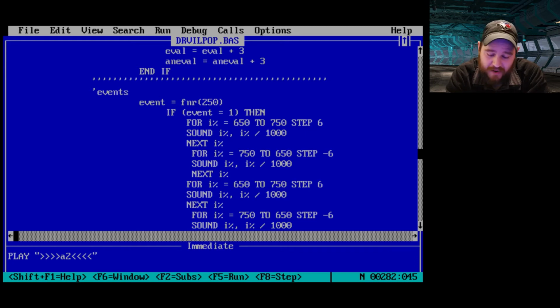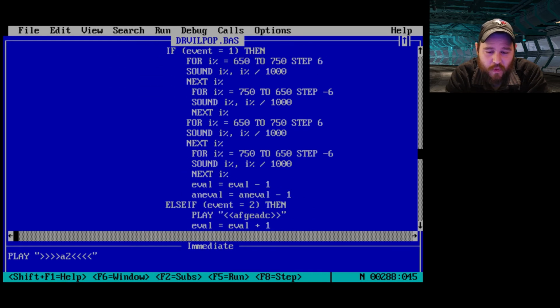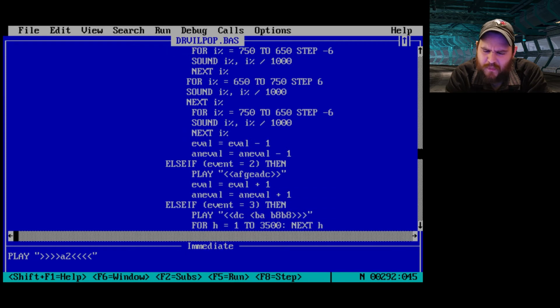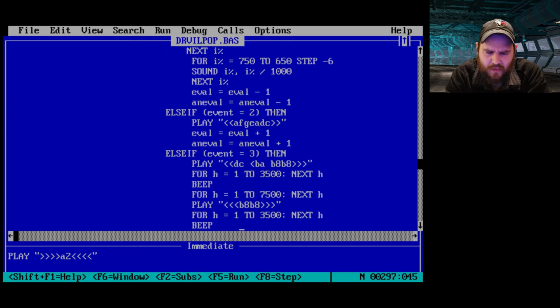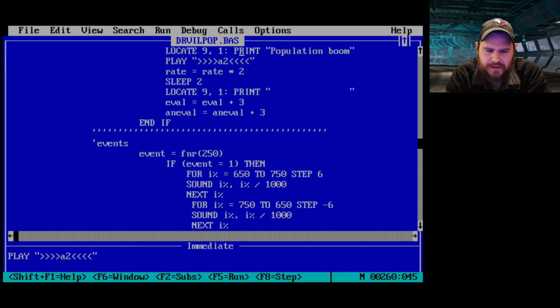Okay, so event is randomly between 1 and 250. If it's 1... What? Oh, wait. There's some beeps. This is bizarre. Okay. So only in the case if it's 1, then it's going to do all this.